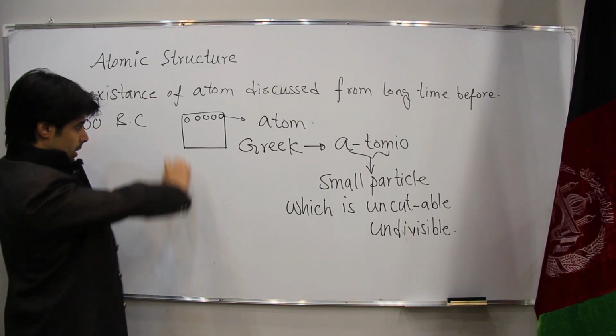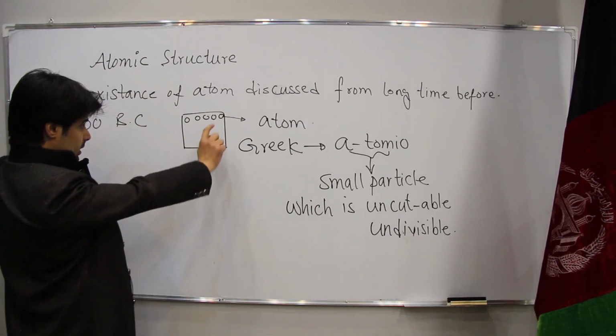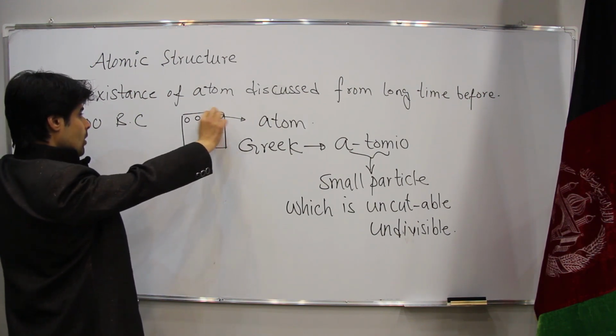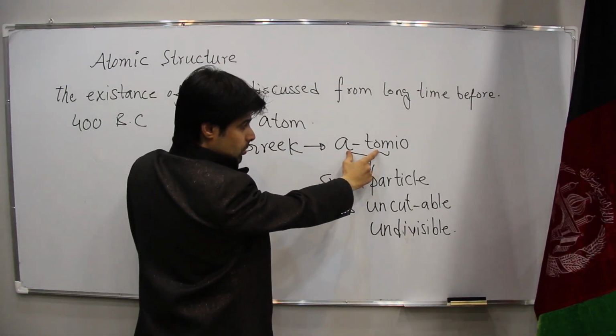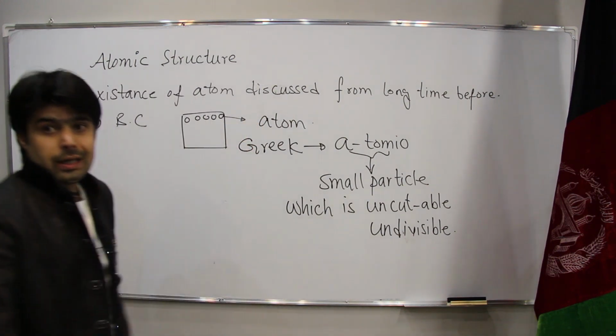It means every matter you see in the world is made of small particles. This small particle is called atomio, and we are not able to cut it.